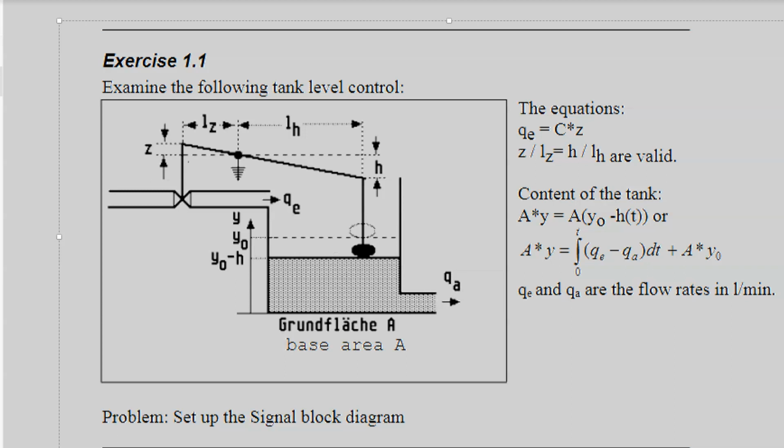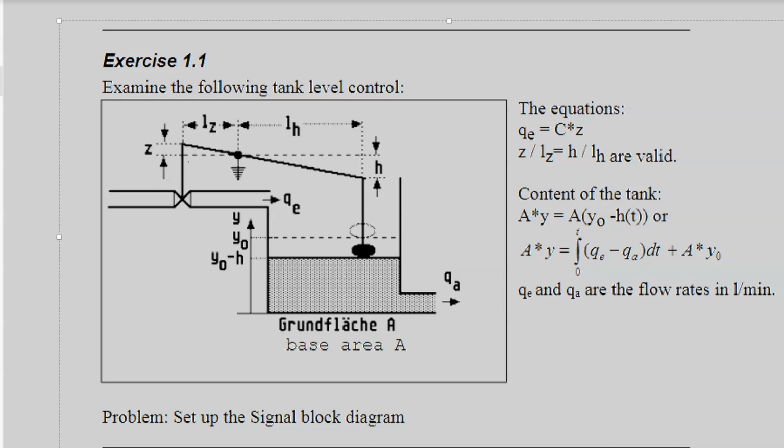So if there is a water consumption, the level of the tank goes down. And to control now the level, this is a tank level control, here you can see a mechanism which should control the height of the water to the desired value y sub o. This is done by a swimming ball connected to this lever. This is the lever with its grounding point here, the axis here. So if this goes down, this goes up.